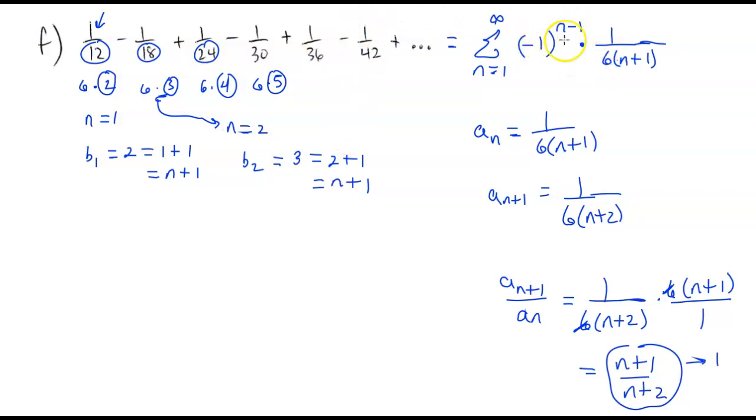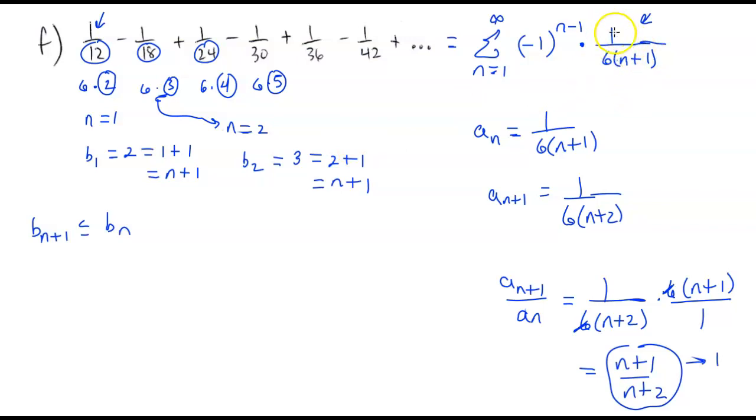The fact that we have an alternating series here and there's nothing that makes us think this might be absolutely convergent tells us we need to go straight for the alternating series test. For the alternating series test, remember we need to show that b sub n plus 1 is less than or equal to b sub n. And for this one, it's pretty easy.